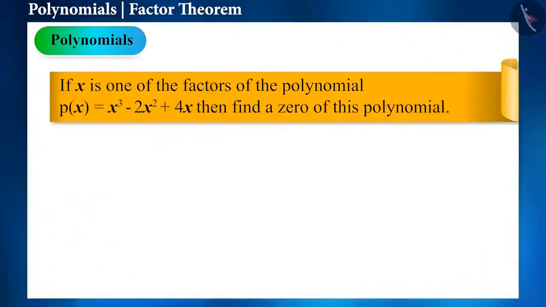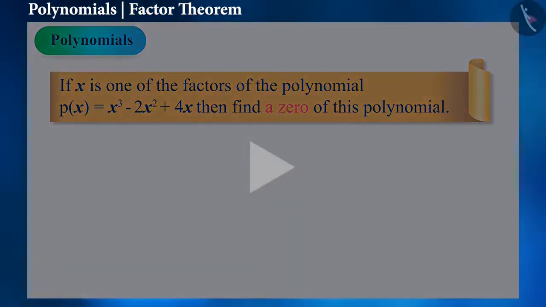So let's start. If x is one of the factors of the cubic polynomial p of x is equal to x cube minus 2x squared plus 4x, then what can be one of the zeros of this polynomial? Friends, the answer to this question lies in the question itself. We do not even need to solve it completely.